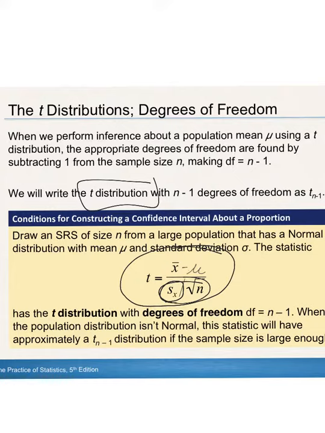To get the t-star, you've got to pay attention to both the confidence level percentage as well as what's called the degrees of freedom. That degrees of freedom, once again, is just n minus 1.